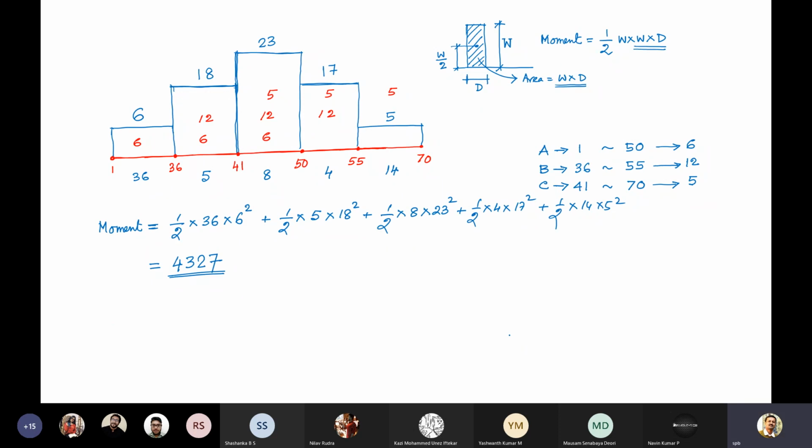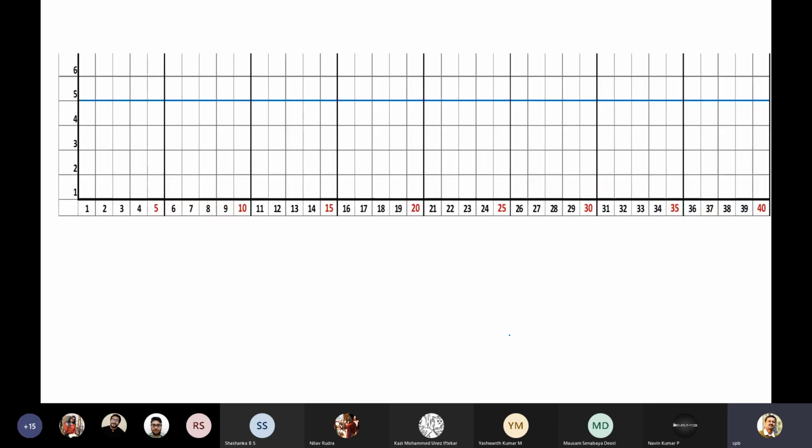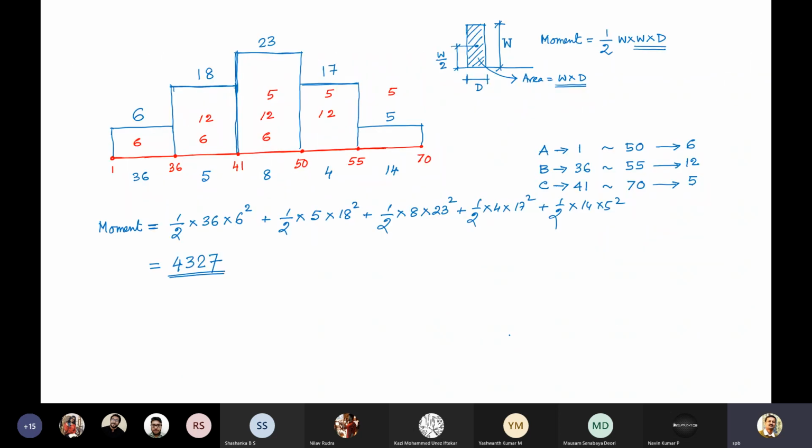17, 18, 23. The deviation. Instead of 17, here it is 13, smaller. 5, 10, 5, 10, 6, 5.